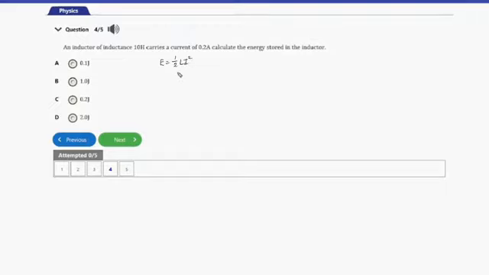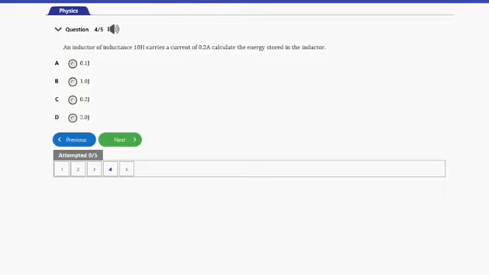So the inductor is 10 already, then the I squared, that's 0.2 amps squared. So all this over 2. So this will be 10 times 0.04 over 2, and that will give us 0.4 over 2, and that's 0.2. So option C here is the answer to this question, guys. 0.2 joules.